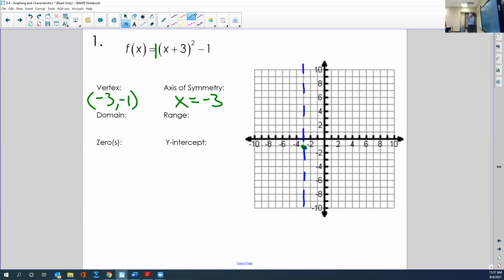Talking about transformations, we are shifting it to the left 3 and down 1. So that means that we can still use our directions exactly as we wrote on the last page. So from our vertex, right here, we can say right 1, up 1. And that gives us a point. If we go back to our vertex, we go right 2, up 1, 2, 3, 4.